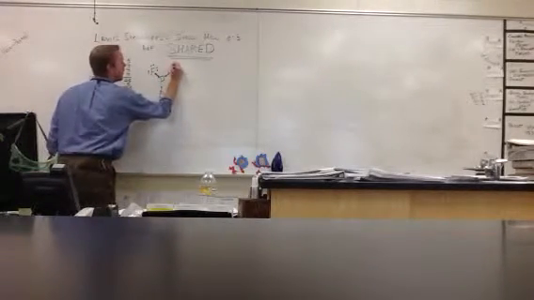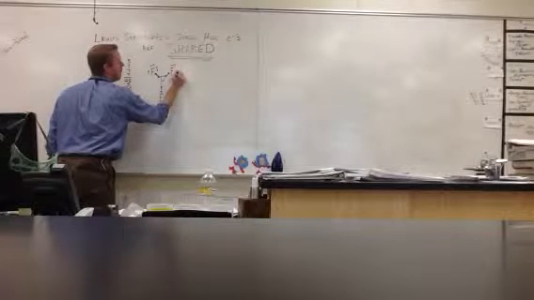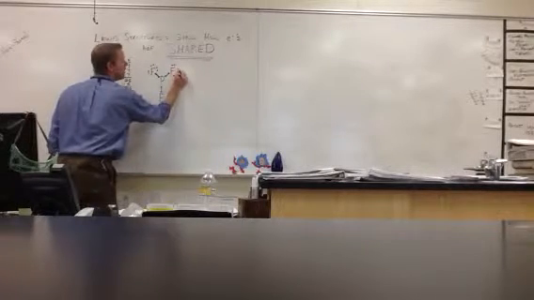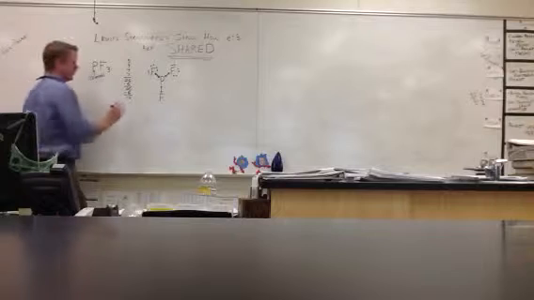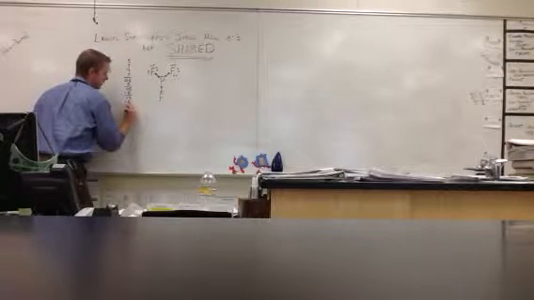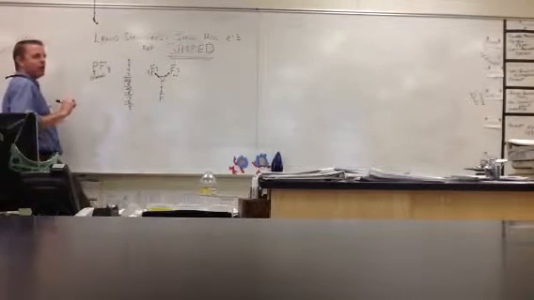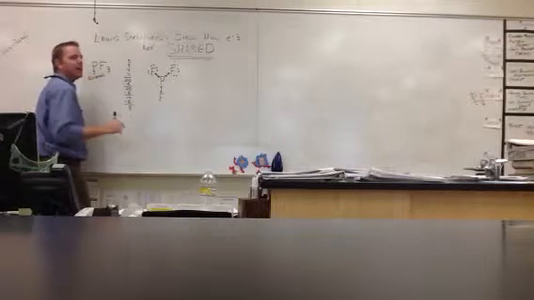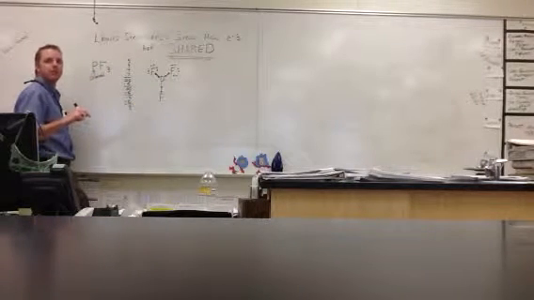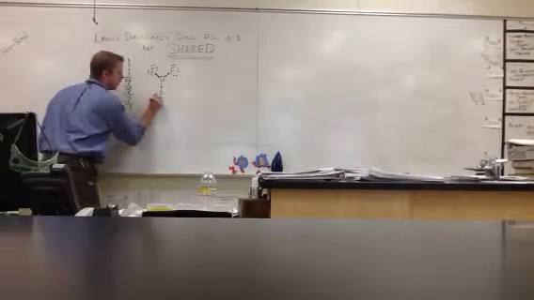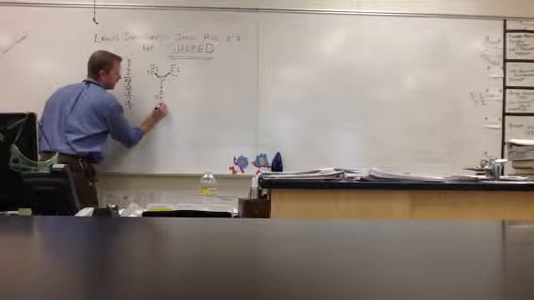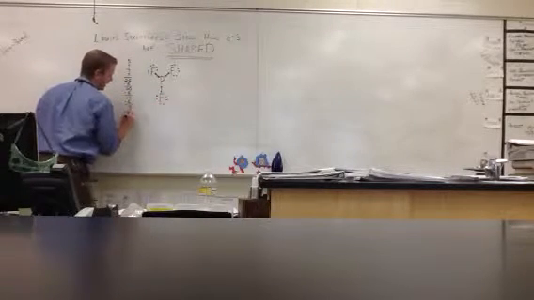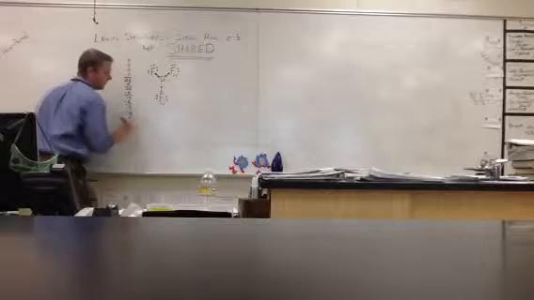Then, this fluorine, right? 6 more. 1, 2, 3, 4, 5, and 6. Notice they always go in pairs. So there's 6 for a total of 8 now left over. This fluorine down here, how many more is it going to want? 6 more. 1, 2, 3, 4, 5, and 6. Leaving 2.